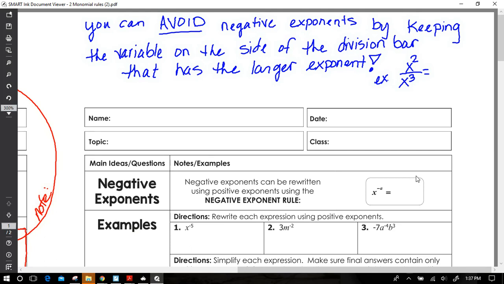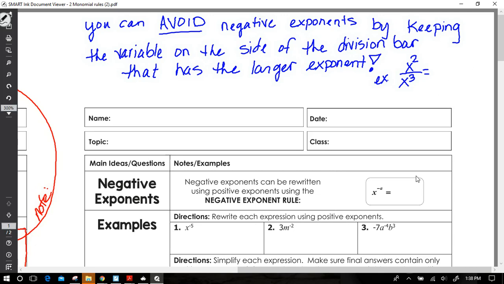And that is that we can potentially avoid negative exponents when we're using that quotient rule by keeping the variable on the side of the division bar that has the larger exponent. And so let me do this example that I wrote here with you. So I know that the rule would be to do 2 minus 3 and then simplify that. And that would give me x to the negative 1 power.